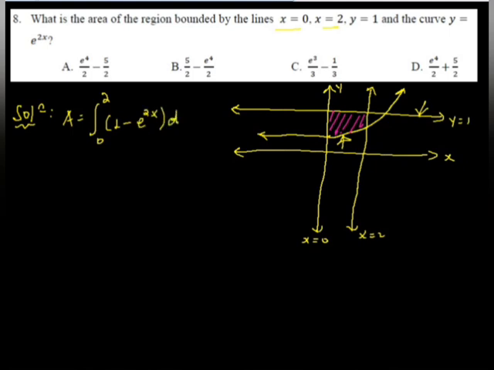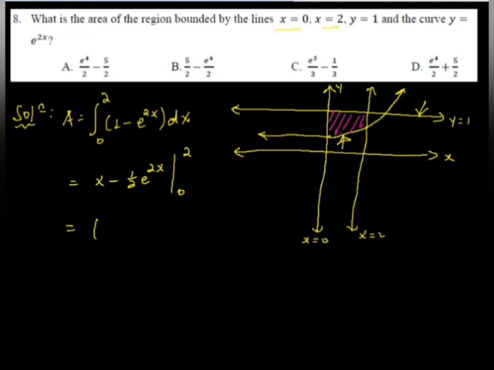We evaluate this. So this becomes the integral from 0 up to 2, and this is very simple. The integral of 1 is x, and the integral of e to the power of 2x is half of e to the power of 2x. We evaluate this from 0 up to 2.